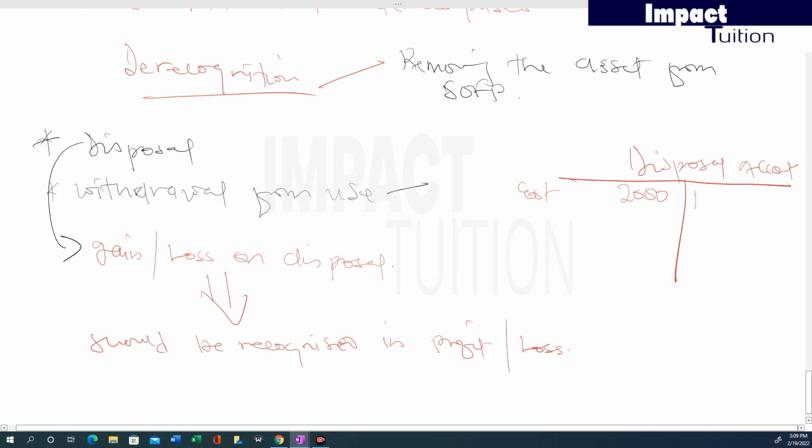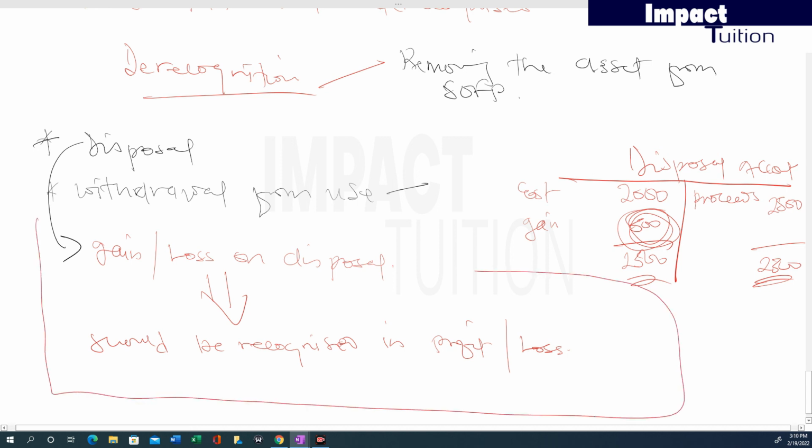Then your proceeds, 2,500, for example, and our gain on disposal is 500. This gain is then recognized in the profit or loss account. That is what this whole thing is trying to put across.